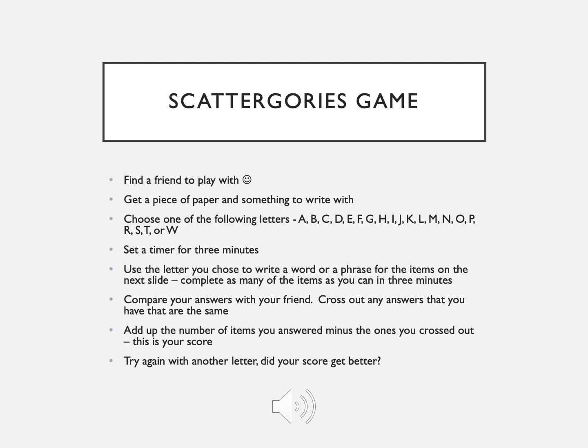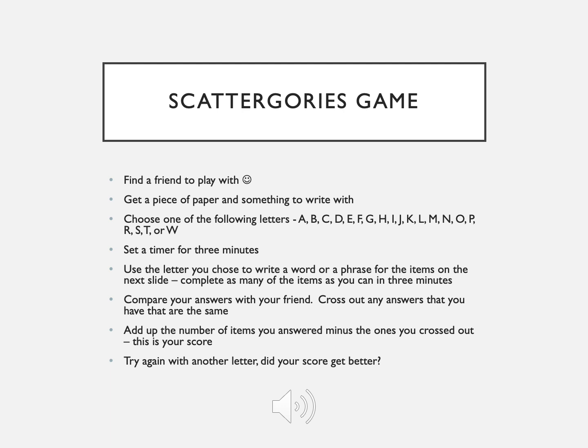Okay, so here are the instructions for the game, and then on slide 6 are the different categories. First you're going to find someone to play with, or a group of people to play with. Grab a piece of paper and something to write with, and you're going to choose one of the following letters, just one to start with. Feel free to play multiple times if you want, that's awesome too.